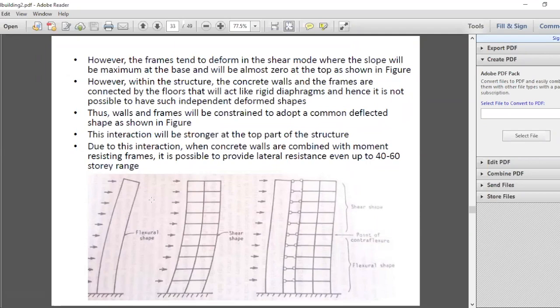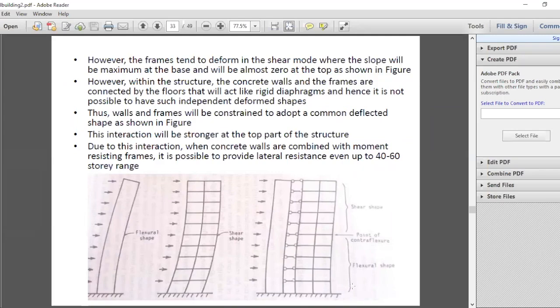So because of that reason, you'll find that the overall deformation of the structure will be like this. The wall deforms in the cantilever mode initially, but its deformation is controlled by the frame, which is stronger. So the frame controls the deformation at the top part of the building, and this controls the deformation at the lower part of the building.